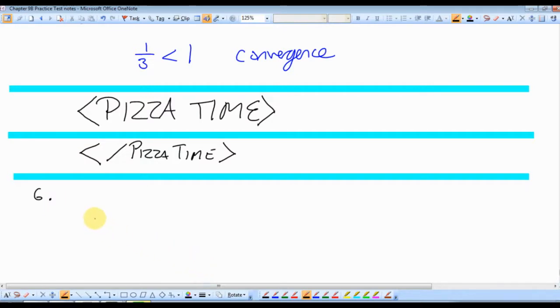So we've got to find the closest p-series to this. What is the closest p-series to 4n over n squared plus 3? N squared.